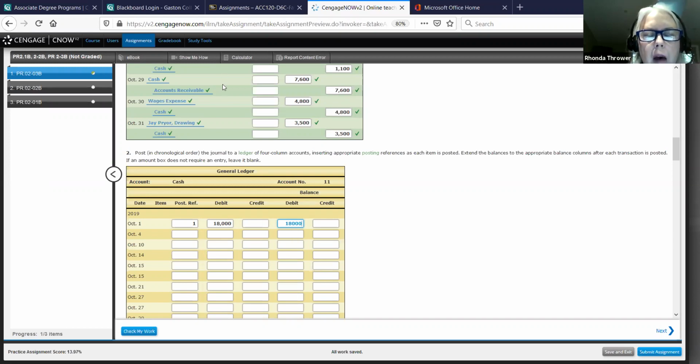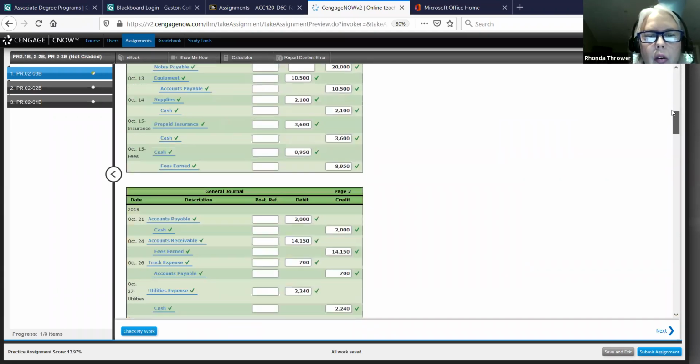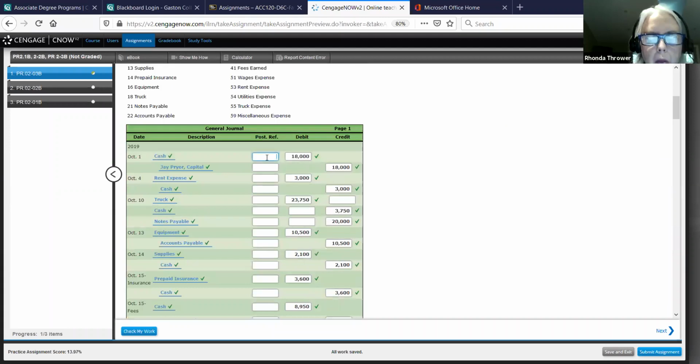When I copy from my journal to my ledger, it's a process that we call posting. You are not through with the posting process until you pick up the account number and place it in the journal. We're going to put it in the post reference here. The account number for cash is 11.